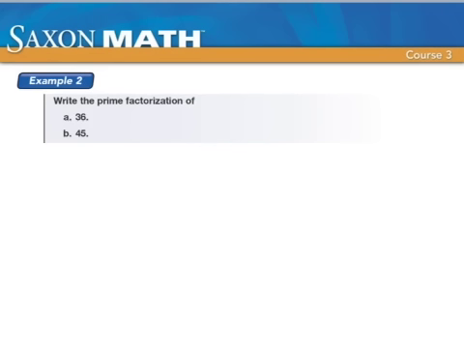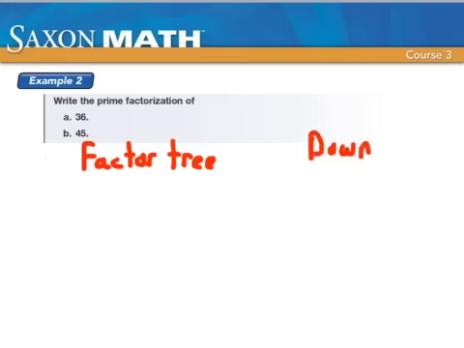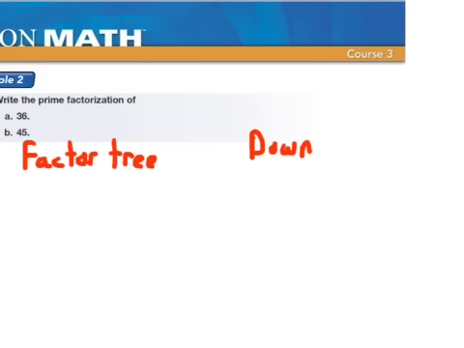Alright, let's move on to our last two examples. Example 2 says to write the prime factorization of 36 and then 45. I'm going to show you two different methods for these. The first method I'm going to show you is factor trees. And the second method is going to be called downward division.